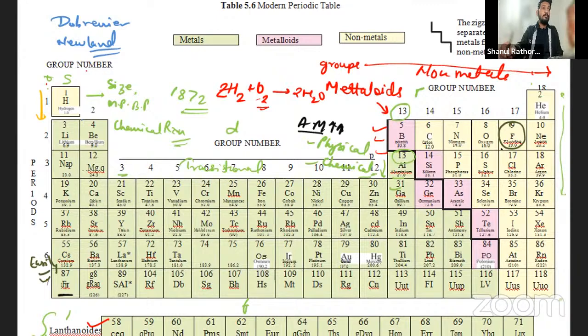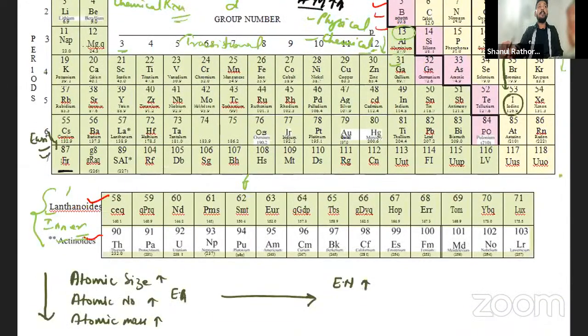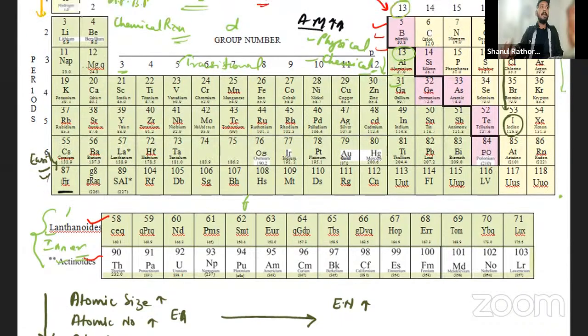As we move down the group, we can see that iodine can lose the electron whenever necessary, but not fluorine. Fluorine is quite cheeky at that time.